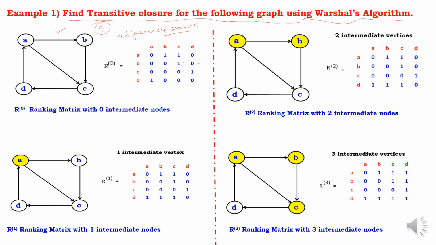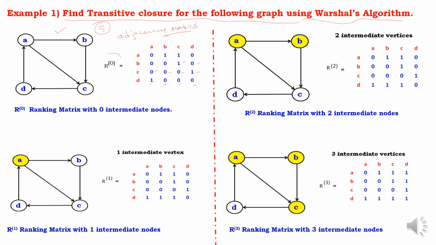Then C: C to A, no edge, 0. C to B, no edge. C to C, no edge. C to D, edge, 1. D: D to A, there is an edge. D to B, no edge, 0. D to C, no edge. D to D, no edge.